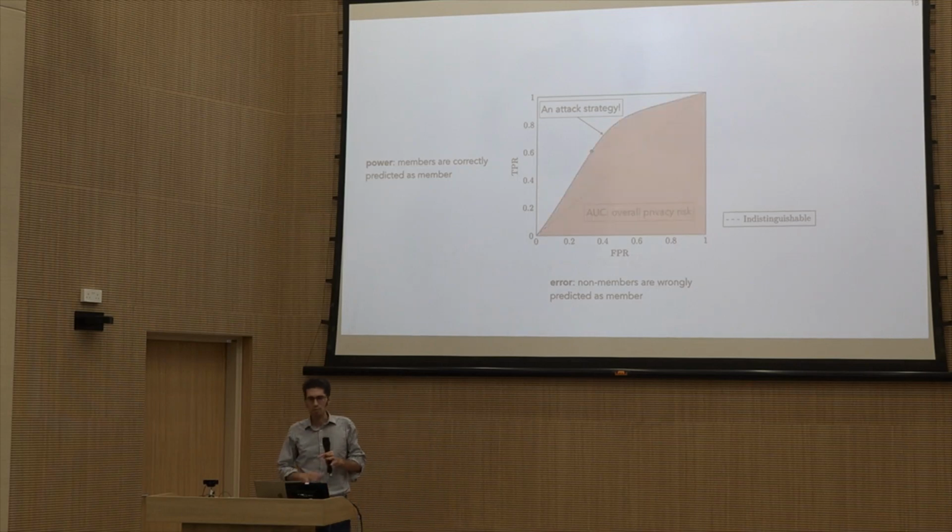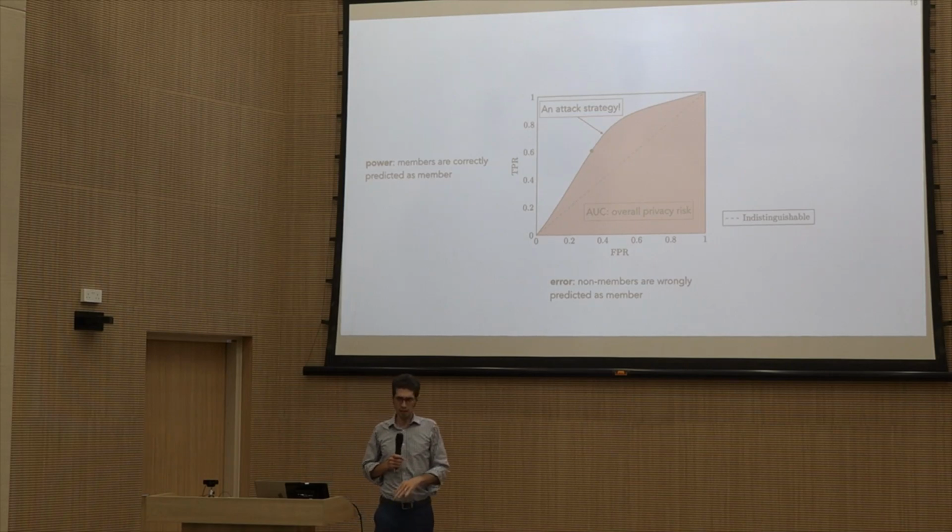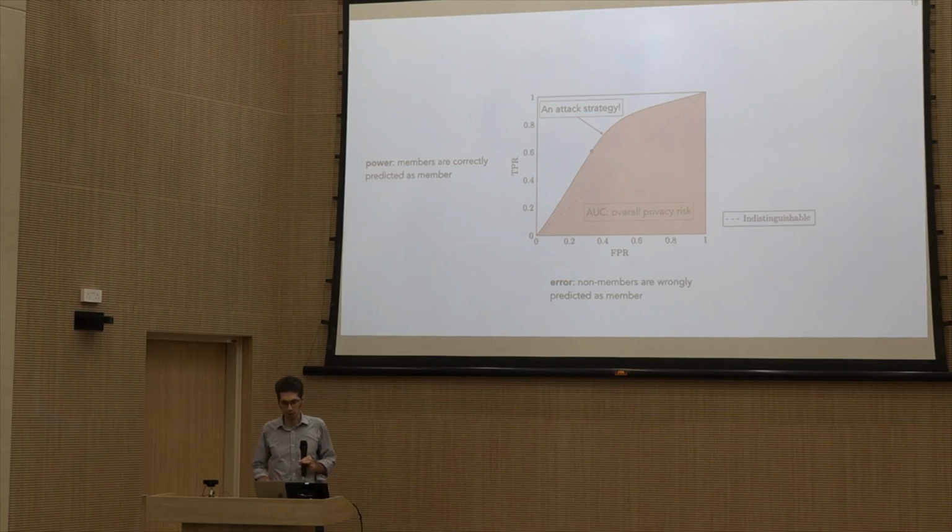And the overall region under this would reflect the average privacy risk of an algorithm. So if this area covers the whole box, that's the maximum information leakage. It means that the adversary, even with a very, very small false positive rate, would be able to tell who is a member and who is a non-member. It's not going to confuse any member and non-member.